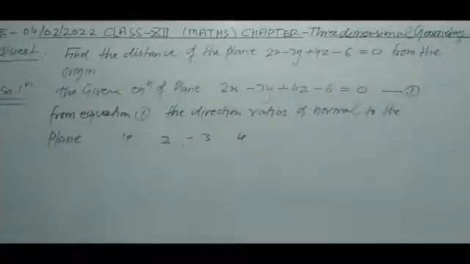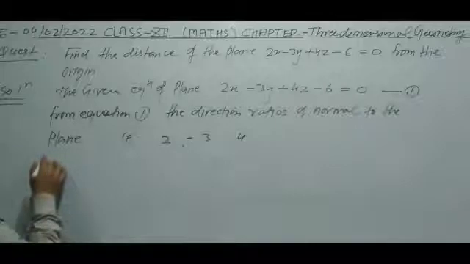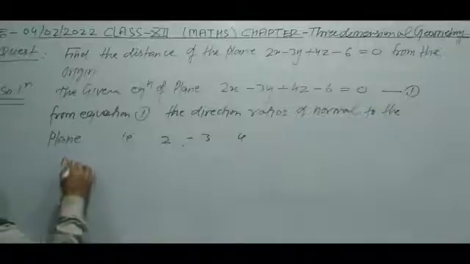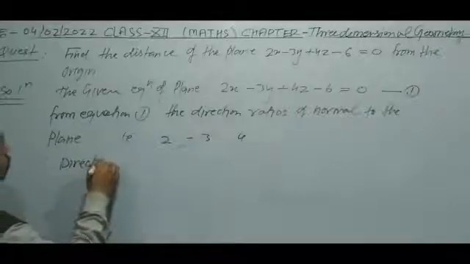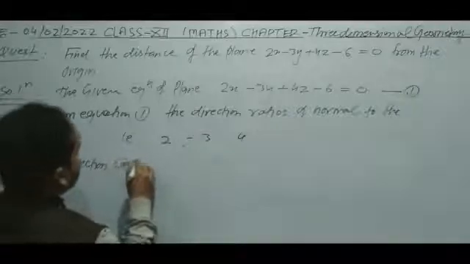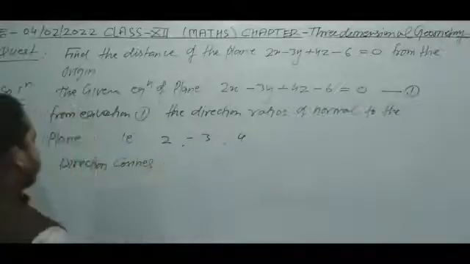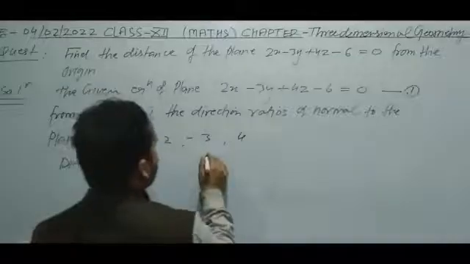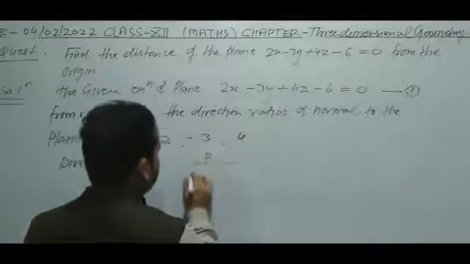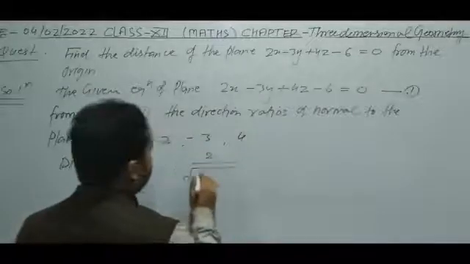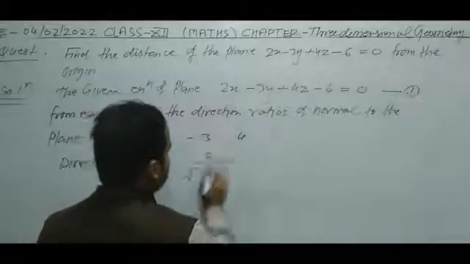Now what will be the direction cosines? Therefore the direction cosines are 2 upon root over 2 square plus 3 square plus 4 square.